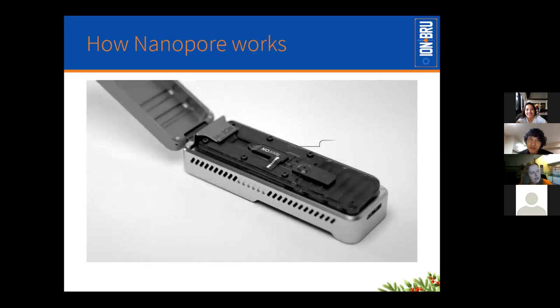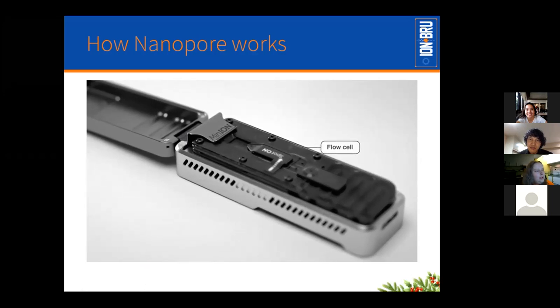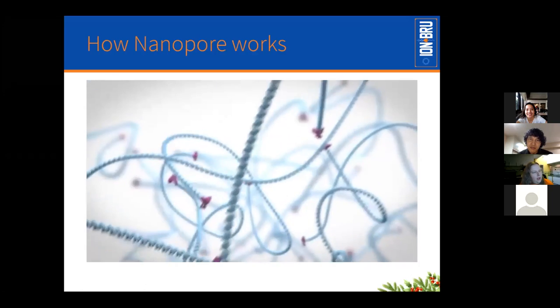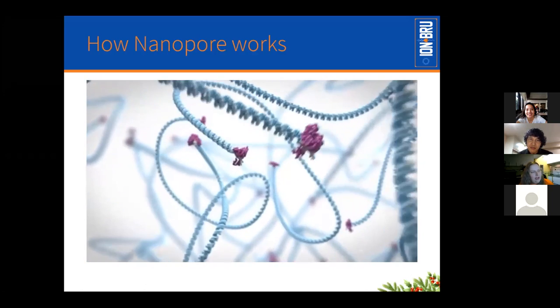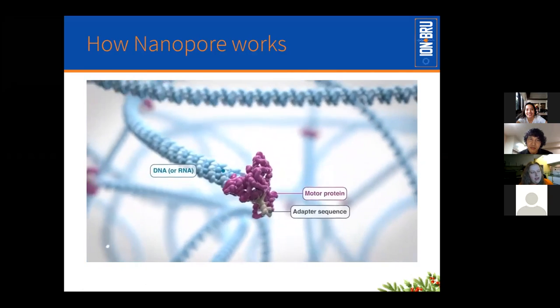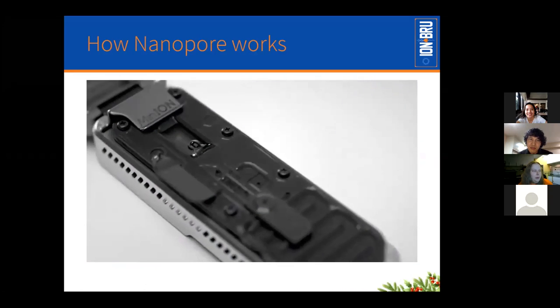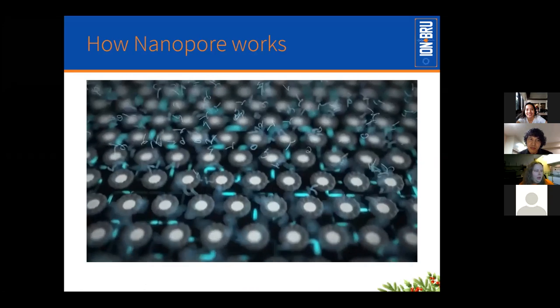So this is a flow cell in a MinION. And this is your library. This is your DNA with your adapters on it and your motor proteins on it. So the motor protein is like a helicase that unravels the DNA at a constant speed, which is important for the sequencer.